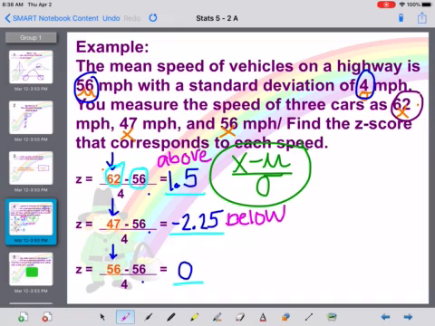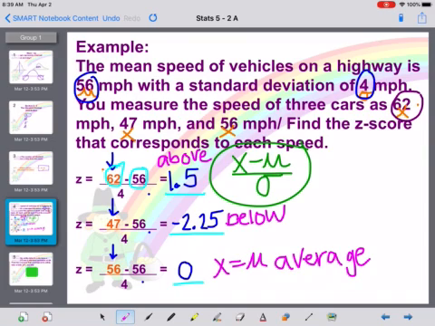So you should be able to look at a z-score and know if they were above average or below average, and then how many standard deviations away they were. The third one was 0 because 56 minus 56 was 0, because they were average. So if your z-score ends up being 0, that means that x was equal to the mean. They were going average, or they were average.